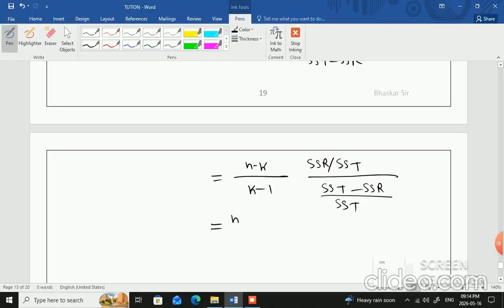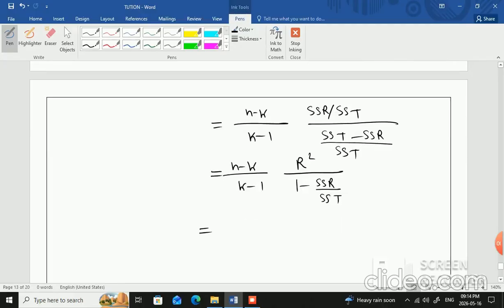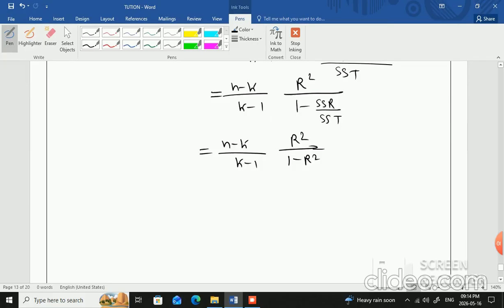N minus k by k minus 1, SSR by SST means R square, and 1 minus SSR by SST. So we get n minus k by k minus 1 R square by 1 minus R square. This is the important relation between F statistic and R square, coefficient of determination.